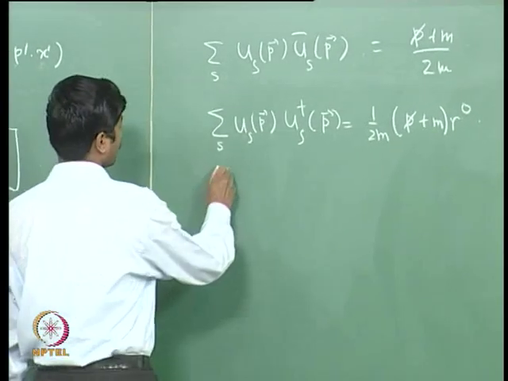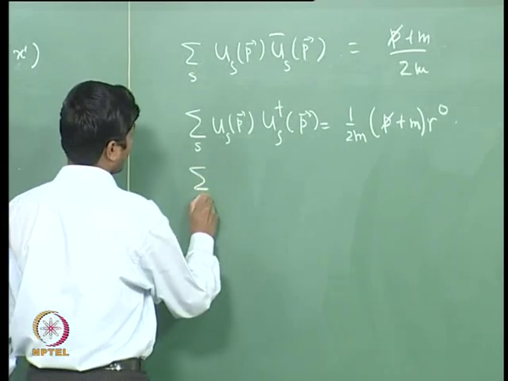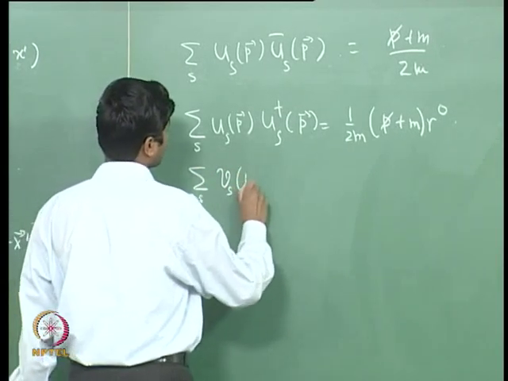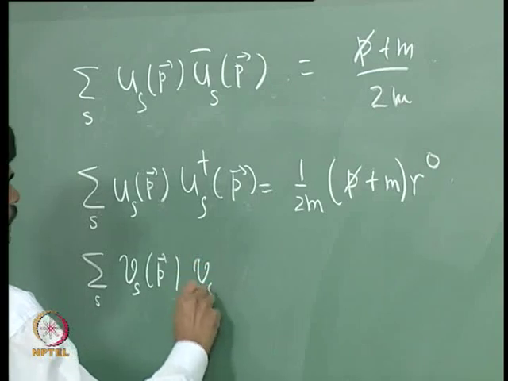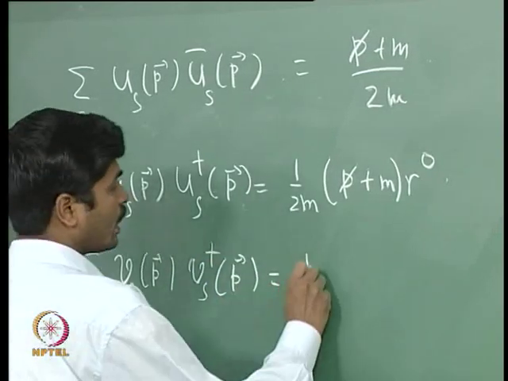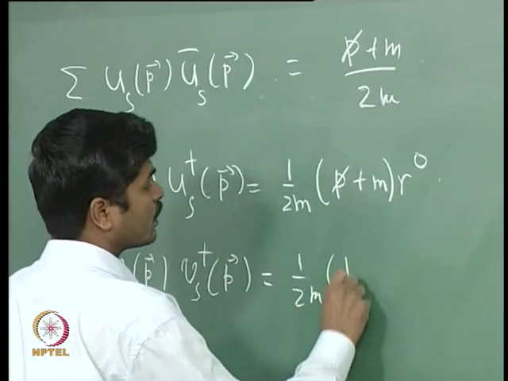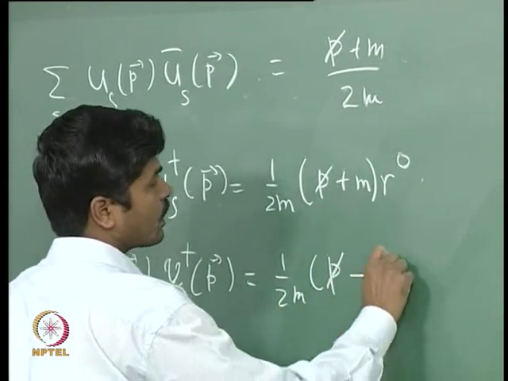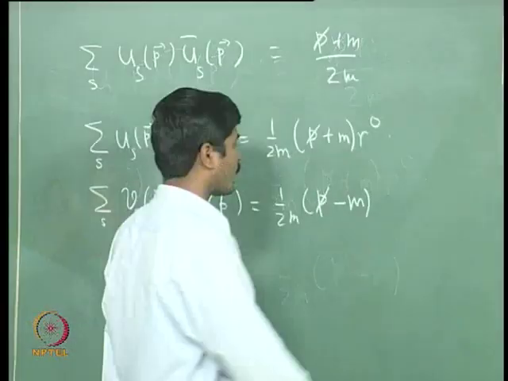Similarly, the sum over S of v_s(p) v_s dagger(p) is 1 over 2m (p-slash minus m) gamma 0.